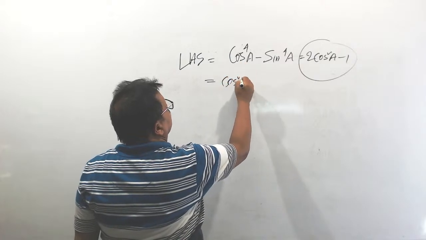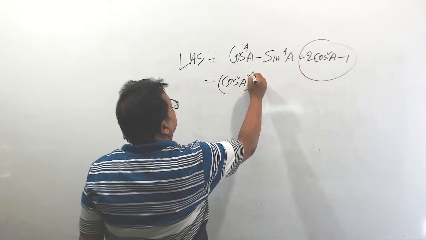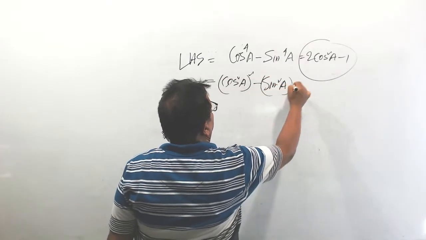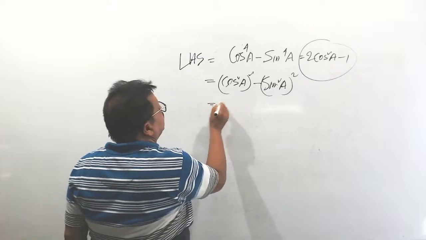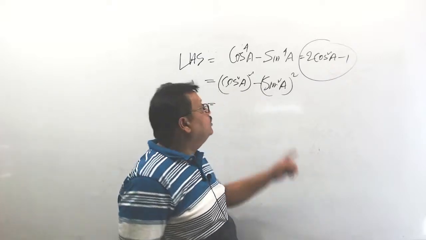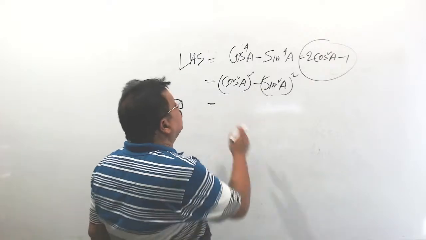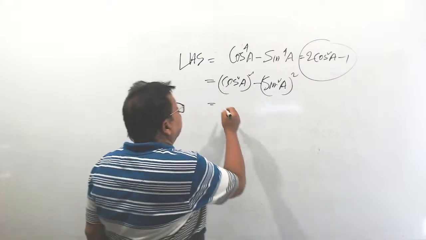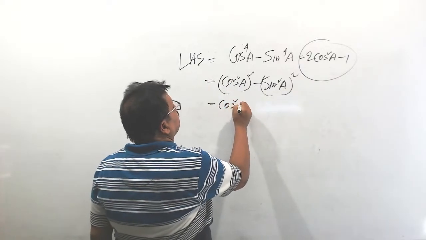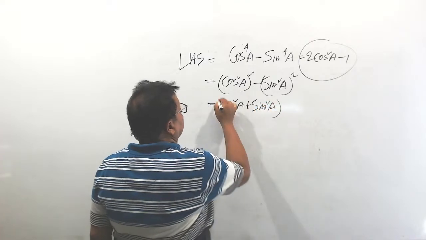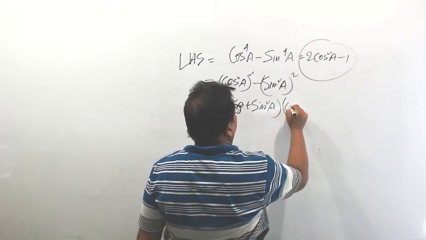Cos square a whole square minus sine square a. Understood? That is a square minus b square. Which formula? A square minus b square means what? A plus b into a minus b. That means cos square a plus sine square a into cos square a minus sine square a.